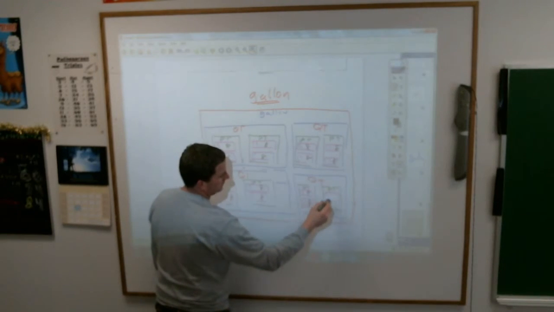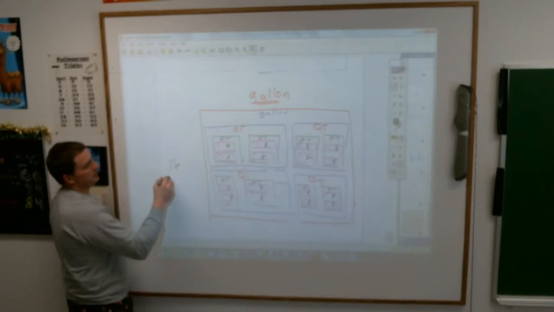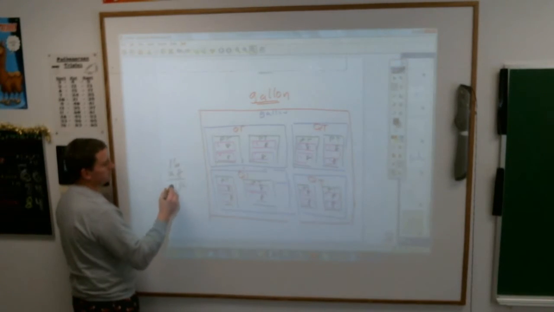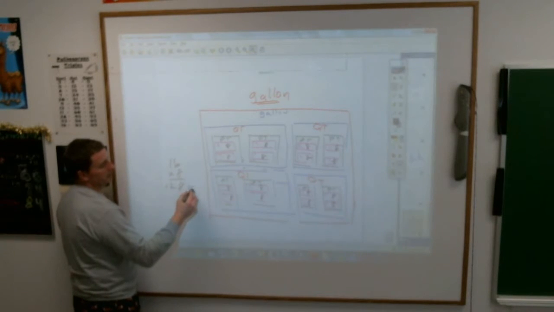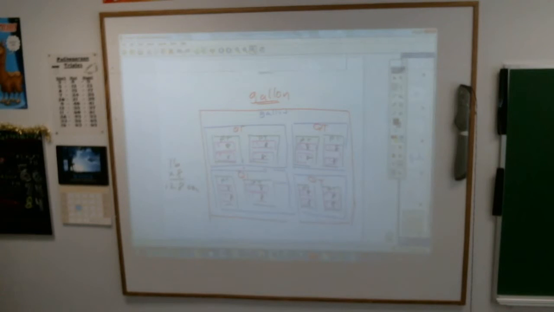Multiplying 8 times what? 16 times 8. There are 128 ounces in a gallon. So hopefully with that you can kind of see the whole gallon breakdown.